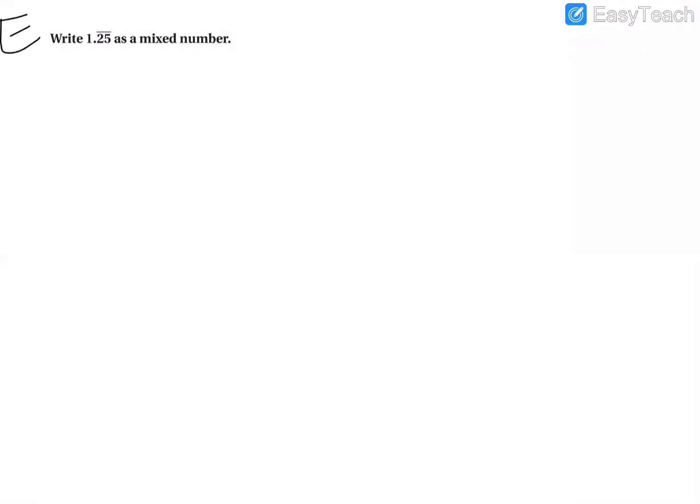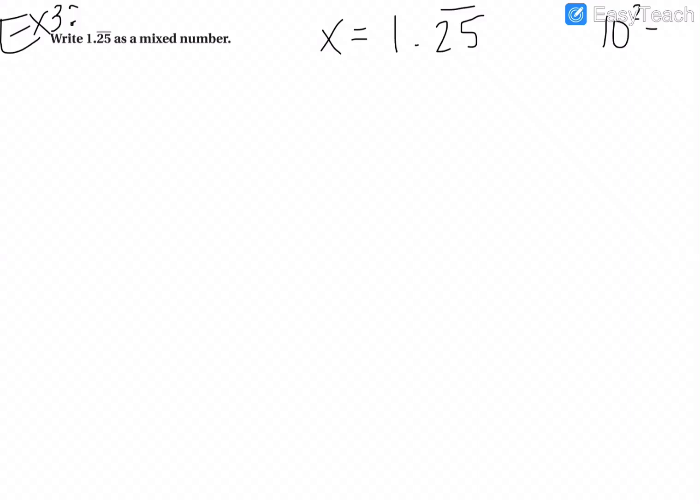So here we go. Our first one, where we have more than 2 digits repeating. Here's where it's going to get a little bit different. So first we're going to write our equation. And then in this case, since the 2 and the 5 are repeating, we're going to be multiplying by 10 to the power of 2, which is 100. Okay, there we go.